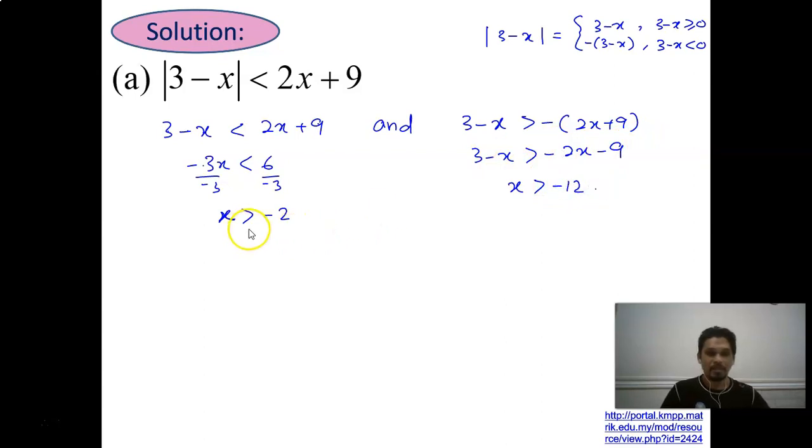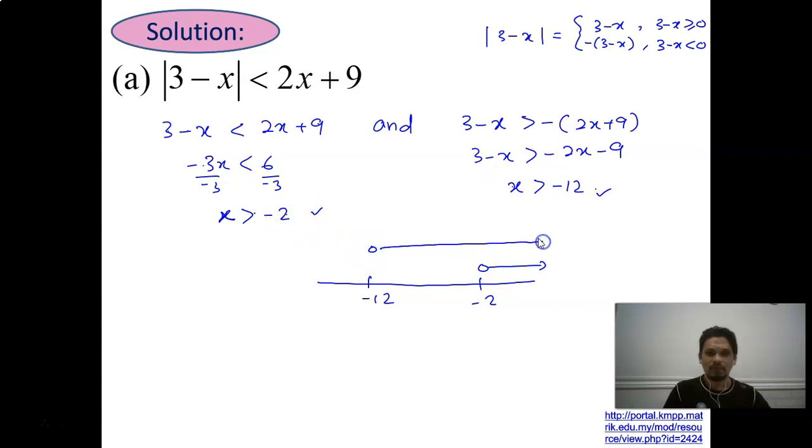Okay, so solution set number 1 and solution set number 2. Bring these two to here. We got negative 12 and negative 2. First is x greater than negative 2 here. And for this one, x greater than negative 12.